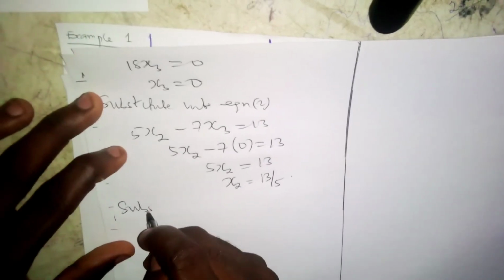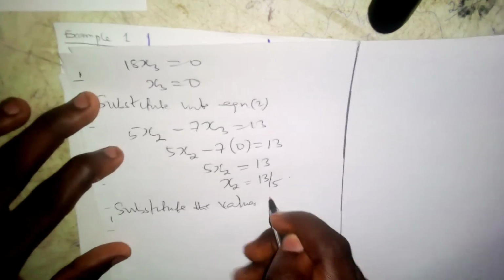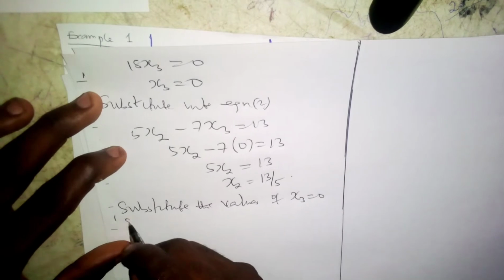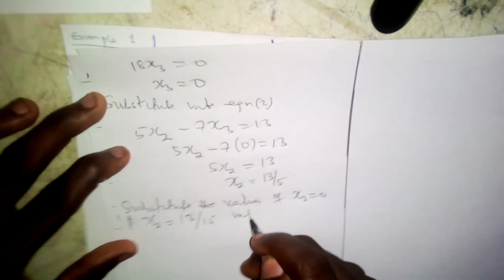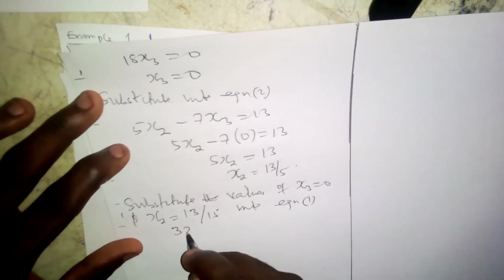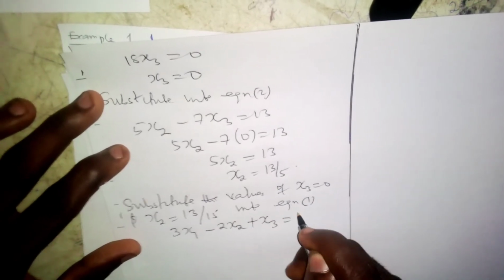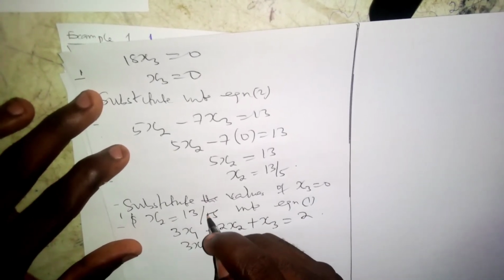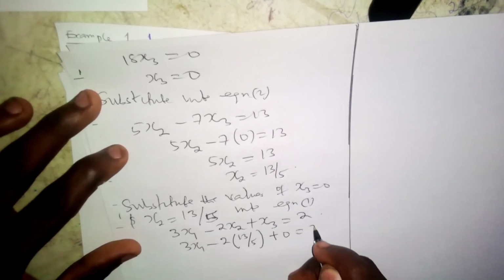Now substitute the values of x3 equals 0 and x2 equal to 13 over 5 into equation 1 so that we can solve for x1. So 3x1 minus 2x2 plus x3 equals 2. Then 3x1 minus 2 into 13 over 5 plus 0 equals 2.